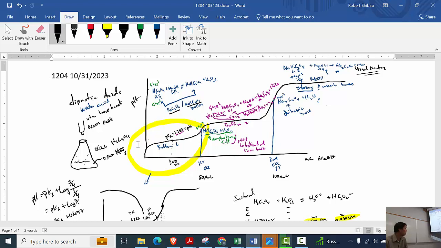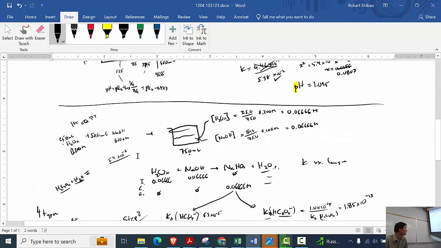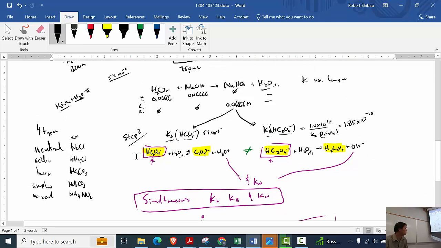When we look at the Ka for this and the Kb for this, it describes the same equilibrium. So when they're conjugates of each other, we don't have two equations, because the Ka for the acid is equal to the Kb for the conjugate base, because they describe the same equilibria.